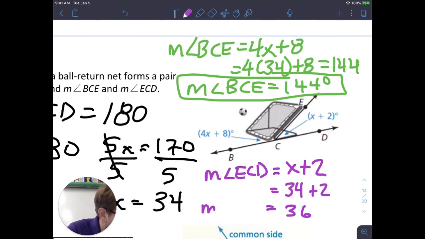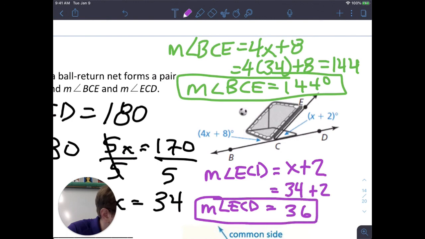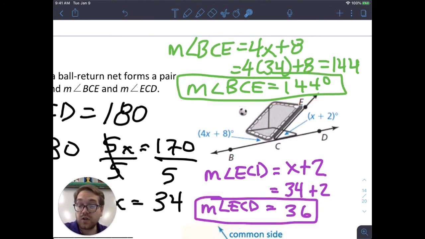And that's the measurement of angle ECD. So I have the measurement of BCE is 144 and the measurement of ECD is 36. A quick, easy way to make sure you did that right is to add these together. What's 144 plus 36? That's 180. If it came out to something else other than 180, then something probably went wrong.